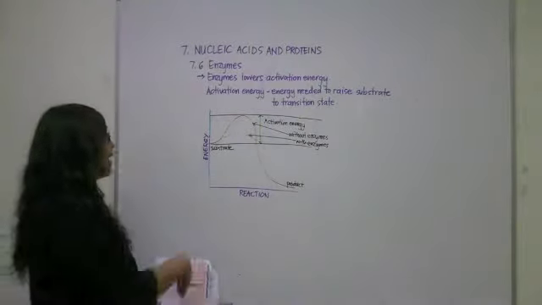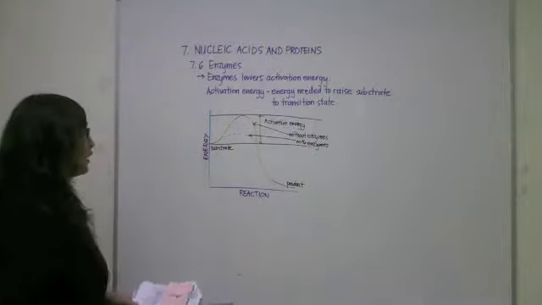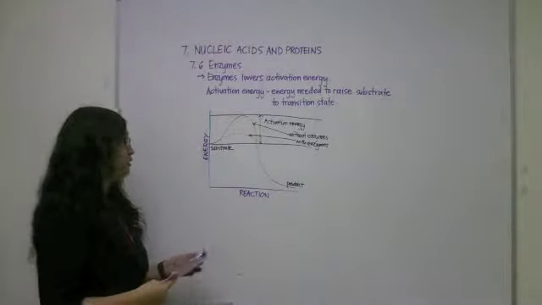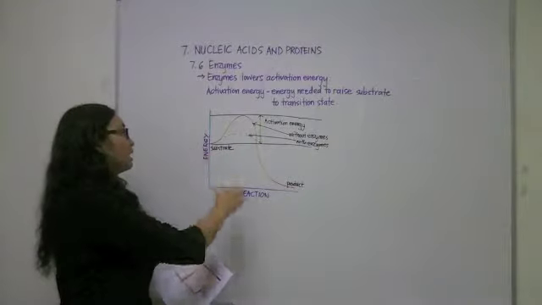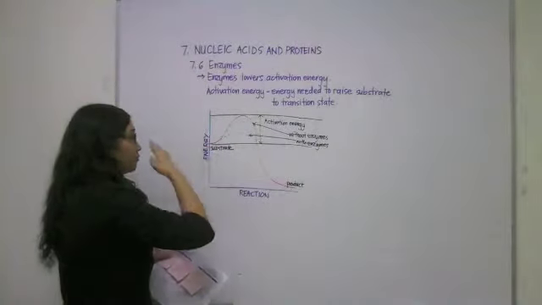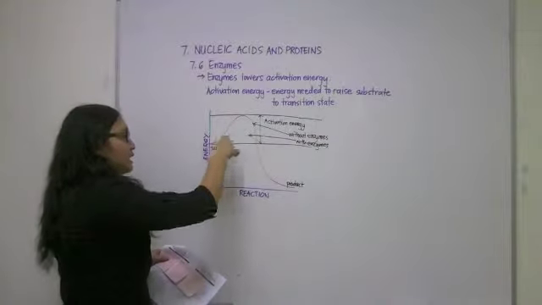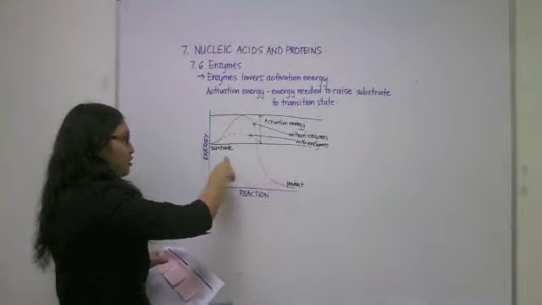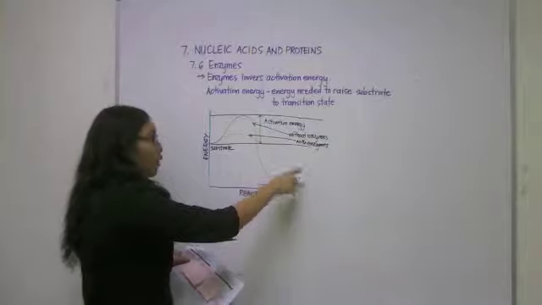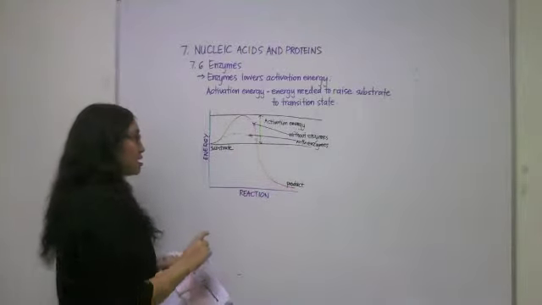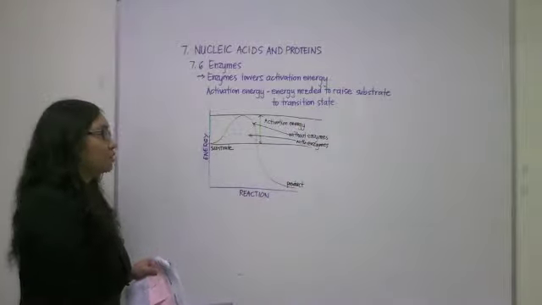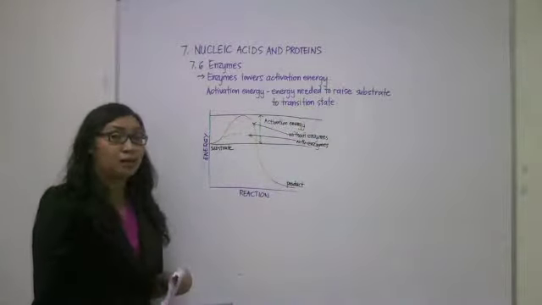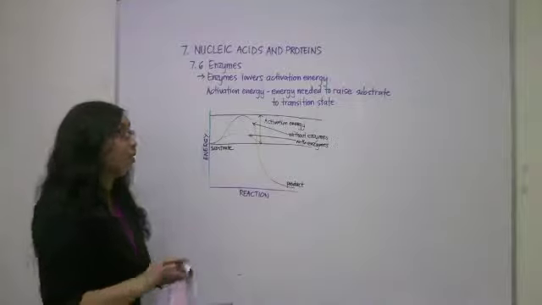Okay, so I have a graph here showing the reaction coordinate of a substrate being changed into a product. As you can see here, the one lined in red is the chemical reaction of a substrate being changed into a product without the use of an enzyme. We have used too much activation energy just to change the substrate into a product without an enzyme.